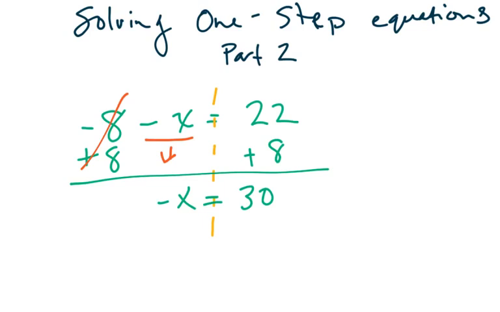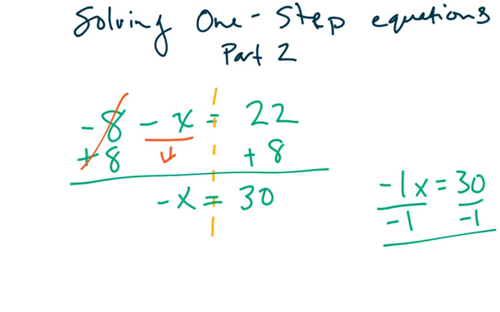Okay, now, this is not done, because I don't want to solve for negative x. I want to solve for positive x. So here's the thing. I can think of this as negative 1x, right, equals 30. So what I'm going to do is I'm going to divide by negative 1 on both sides.